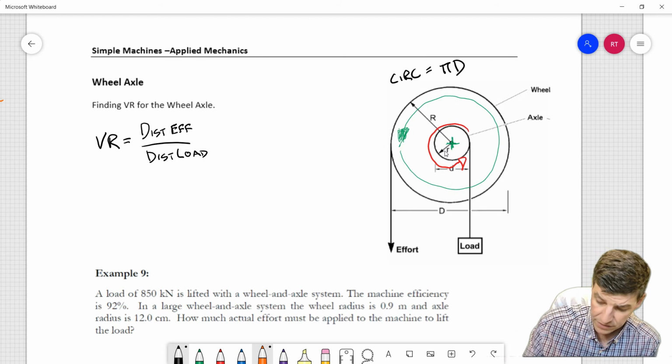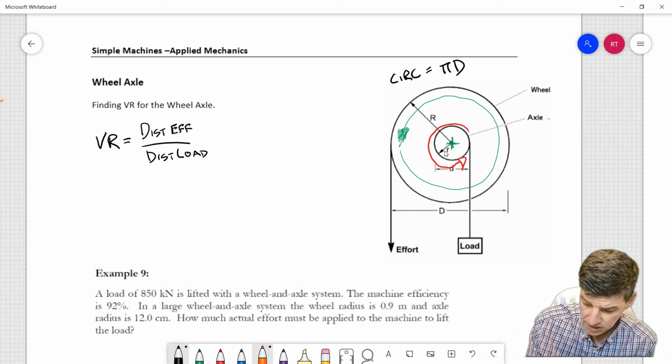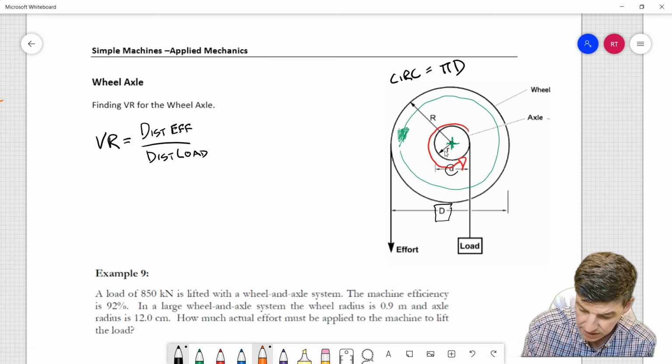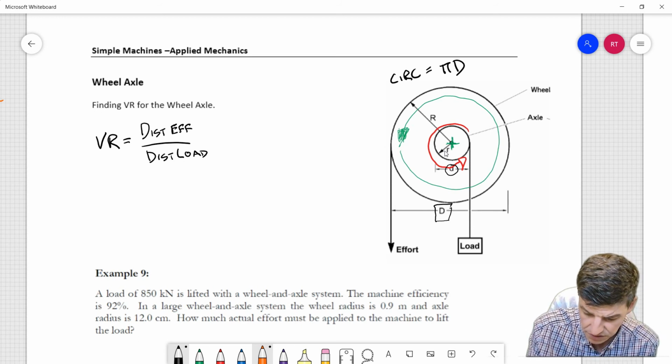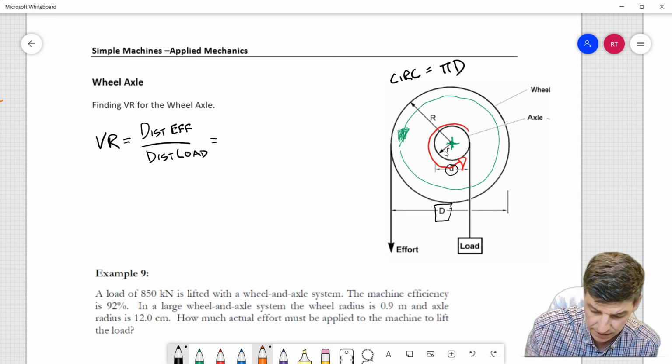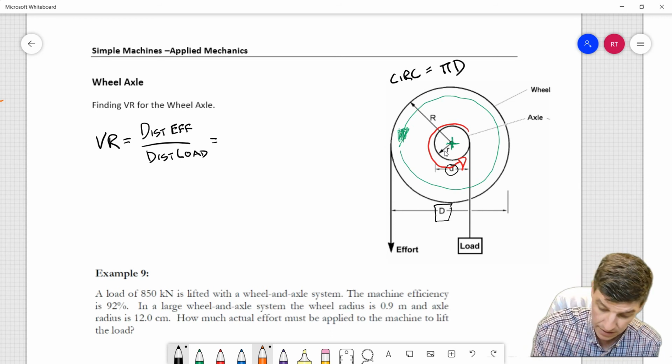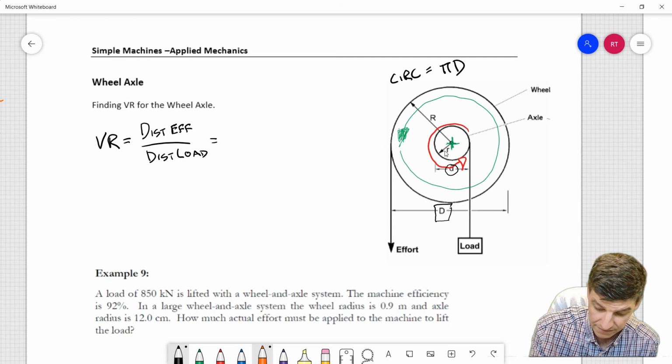The distance that the effort would go, you can see on the diagram, there's a capital D and a small d. I'm just being careful because I've used d as my distance, but in this case I'm going to use it as diameter. So what I would have is my large diameter times pi divided by my small diameter times pi.